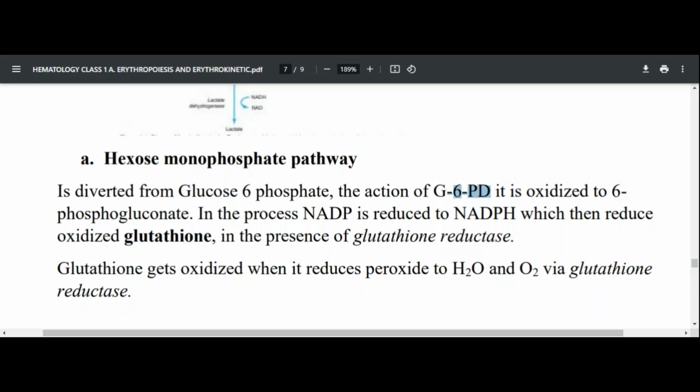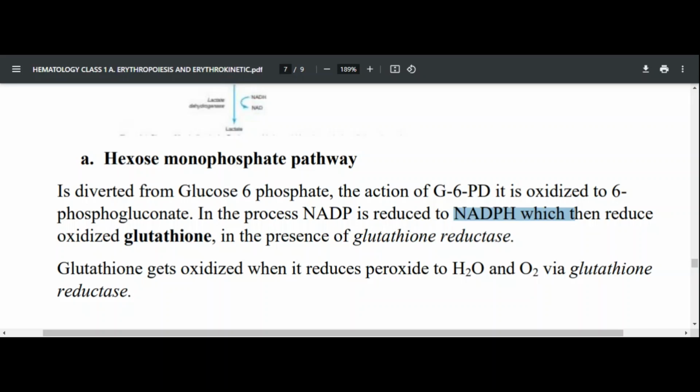Because there is reduction of NADP and production of NADPH, there is also a chance to reduce glutathione. Glutathione is reduced by NADPH. Without NADPH, glutathione cannot be reduced after it has been oxidized during some processes.